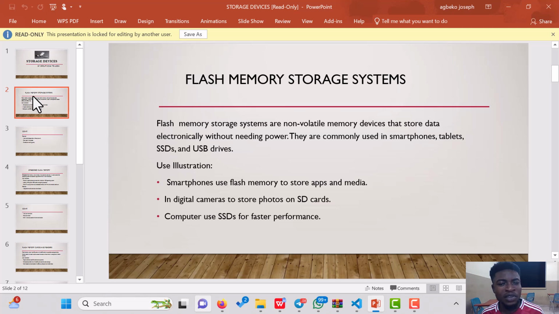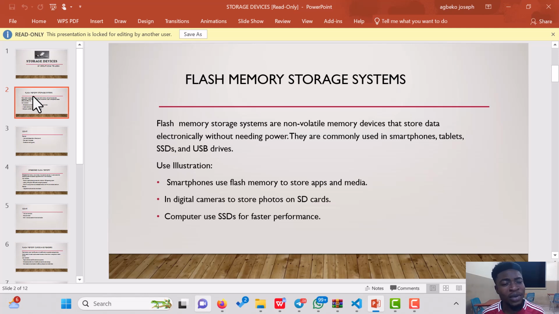What is a flash memory storage system? Flash memory storage systems are non-volatile memory devices that store data electronically without needing power. What it means is, let's think of flash memory like a whiteboard.